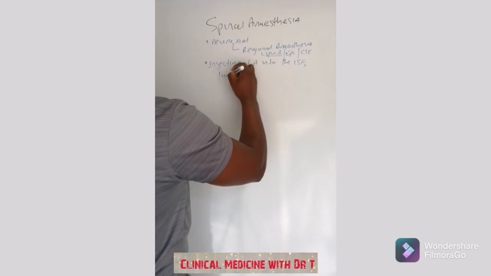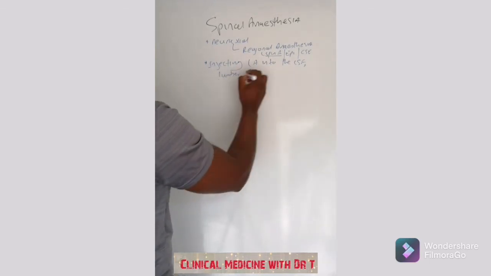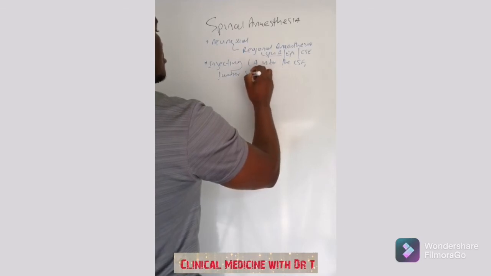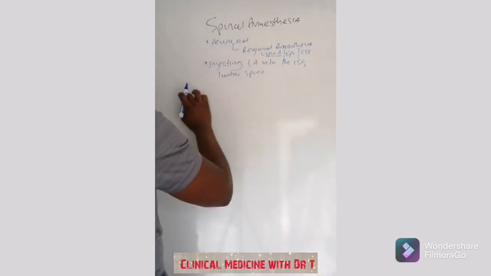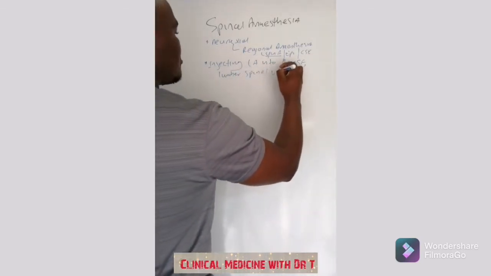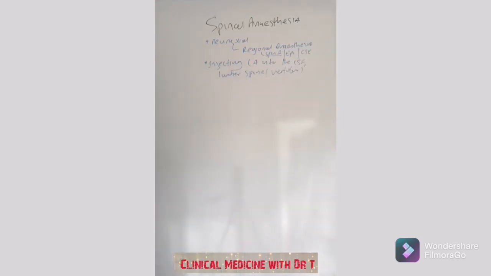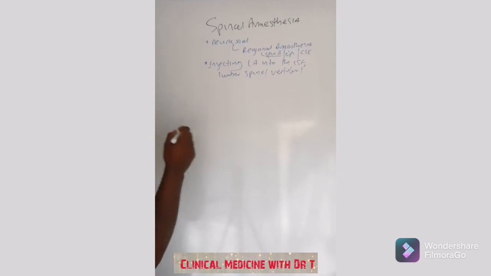We are going to talk about the actual location. The plan is not to inject the local anesthetic into the spinal cord, but to inject it in the CSF.